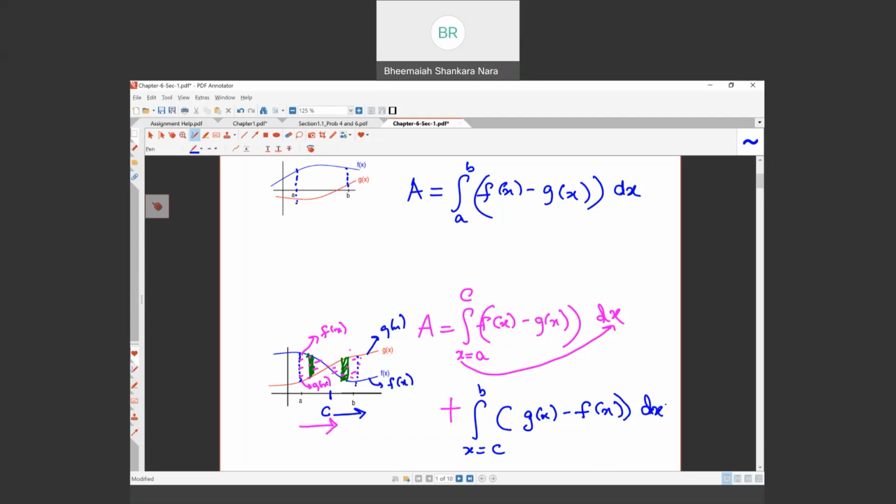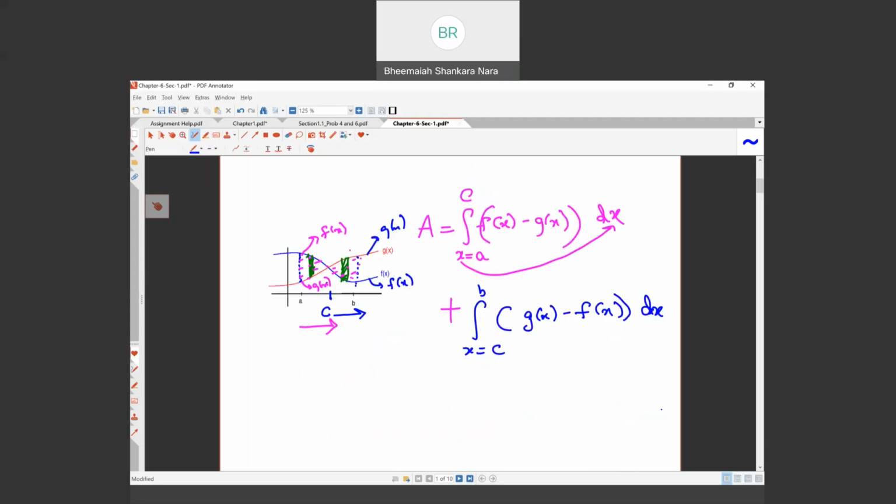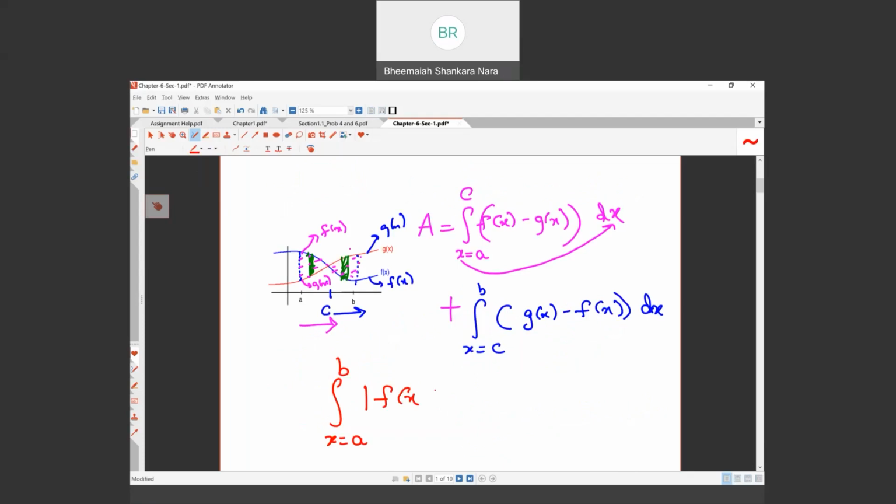Sometimes students may do this. They may combine the two areas, try to add the intervals into one integral, and write x equal to a to b, combining f minus g and g minus f with an absolute value sign and then a dx.